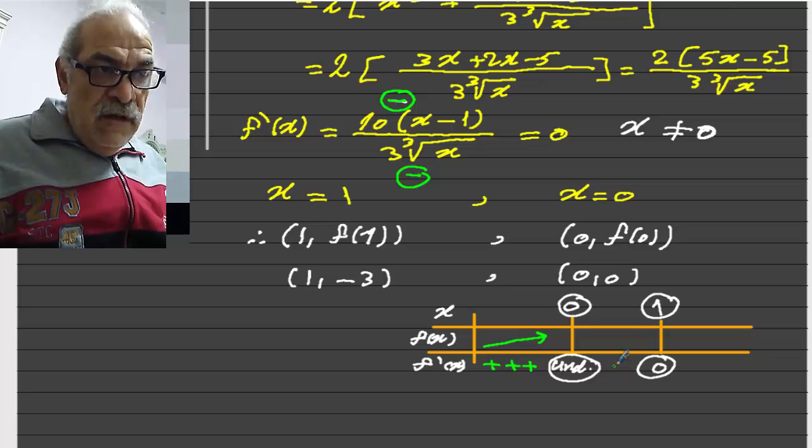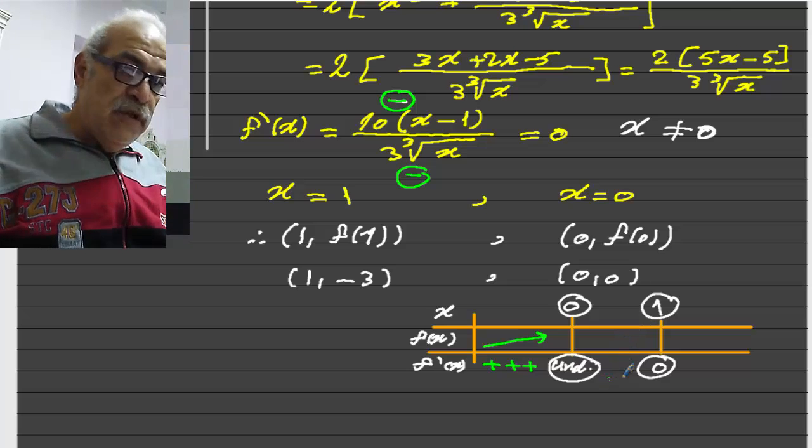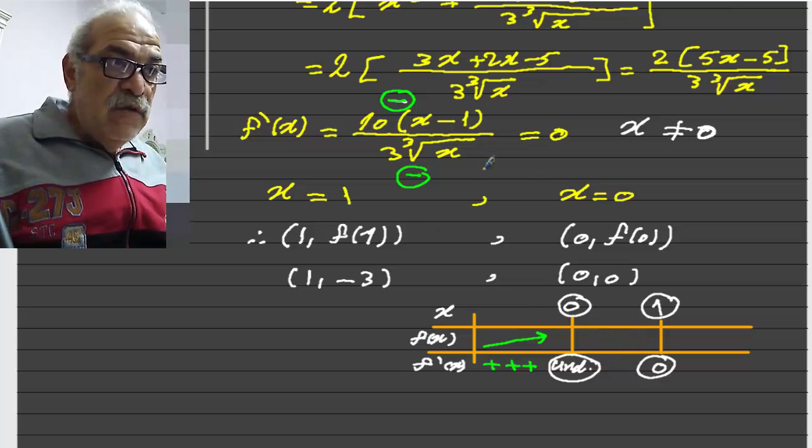And we check a number between 0 and 1, like 0.5.